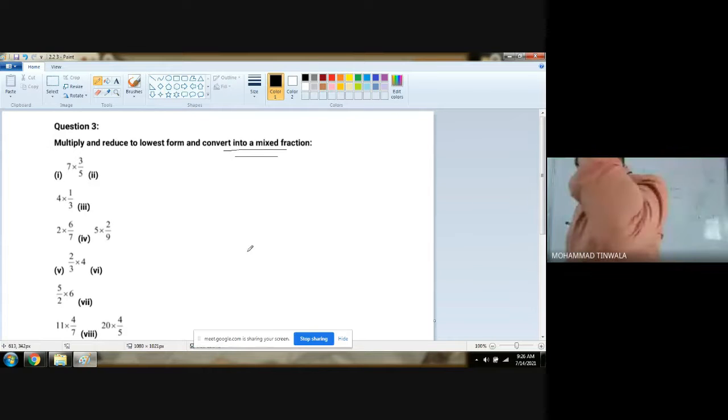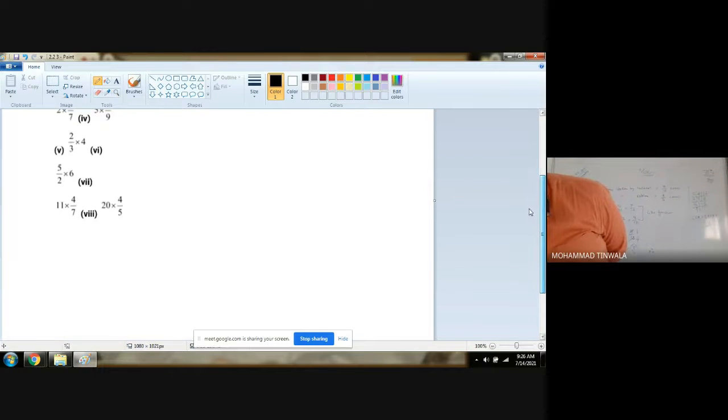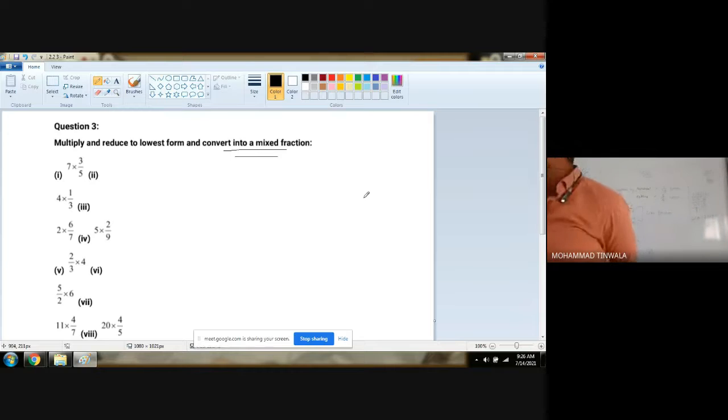I'm going to do only one or two sums out of all of these. The rest of the sums you will have to do on your own. I'm not going to do all the sums every time. Make sure of it, boys. So I'm going to do the first sum, then you select out of 8 sums which one is the tougher one for you, so that I can solve that.